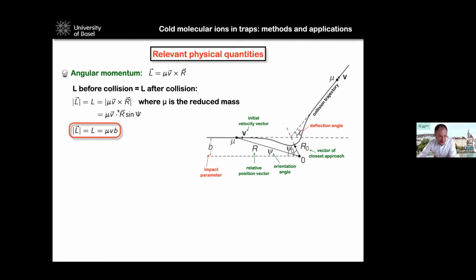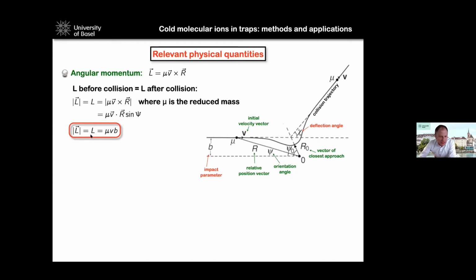So the magnitude of this vector product can be cast into this scalar product here. We have mu times v scalar product with r sine of psi. Now, if you look at this expression here, r times sine of psi, then you realize that this is nothing else than this impact parameter, right? So we can express the magnitude of this angular momentum as mu times v times the impact parameter b.